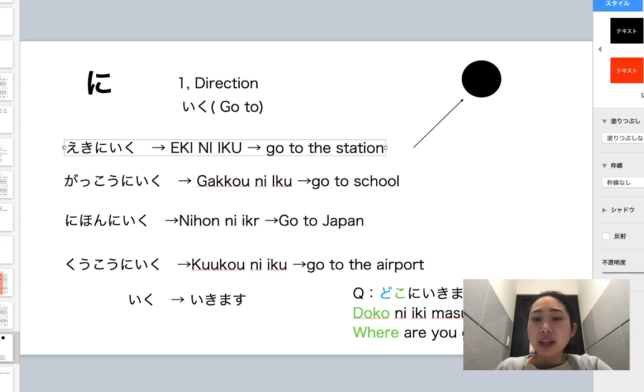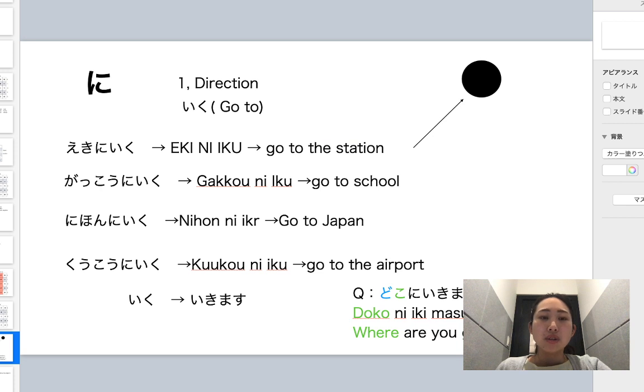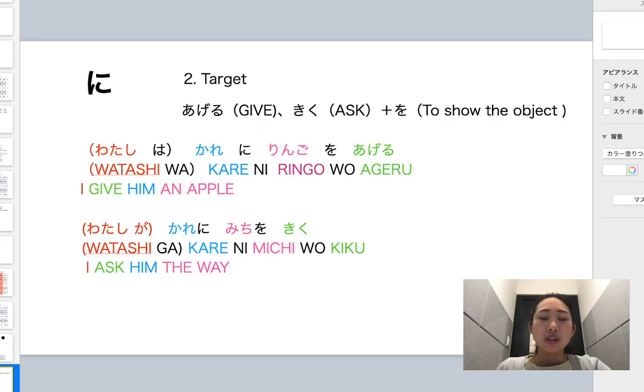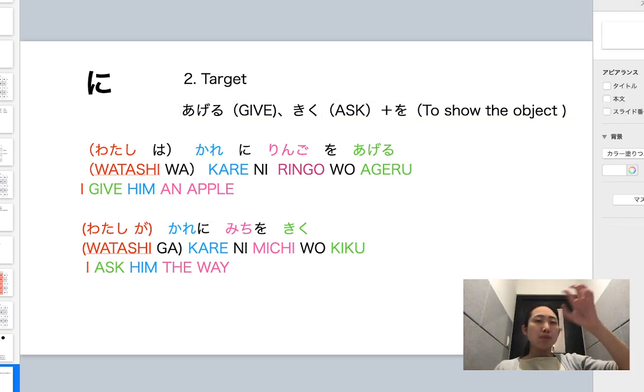Okay. And what is the past tense? Okay, so about the tense, we have a past tense, and when we say the past tense, we change a little bit about the verb. Basically we take the last letter of the normal form and then put ta.